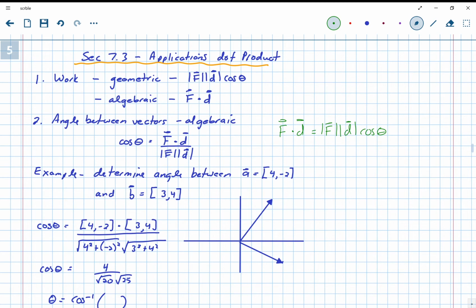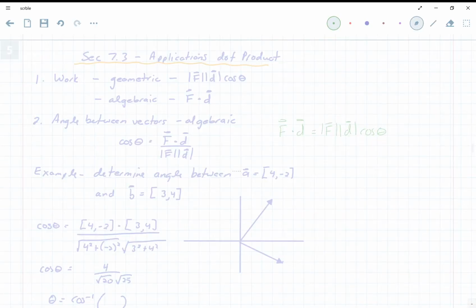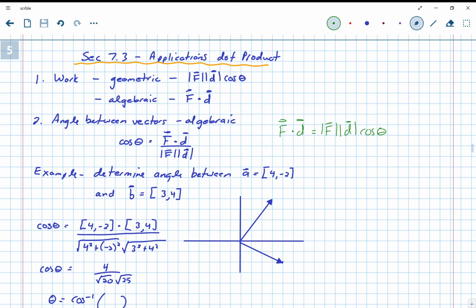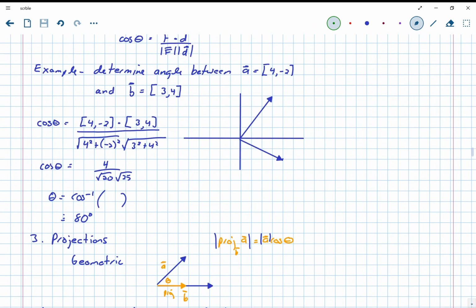First example: determine the angle between vectors A and B. We just use the formula: cos theta is equal to A dot B over the magnitude of A times the magnitude of B. Recall, we multiply the x coordinates, so 4 times 3 is 12, and then negative 2 times 4 is negative 8, and 12 and negative 8 make 4.